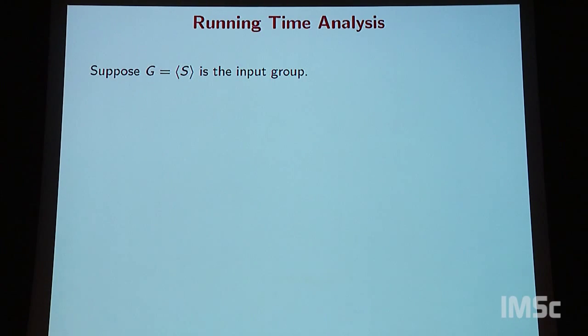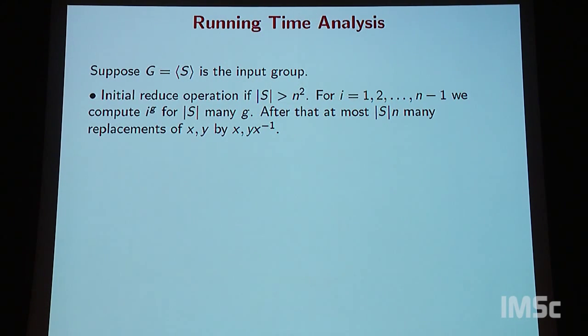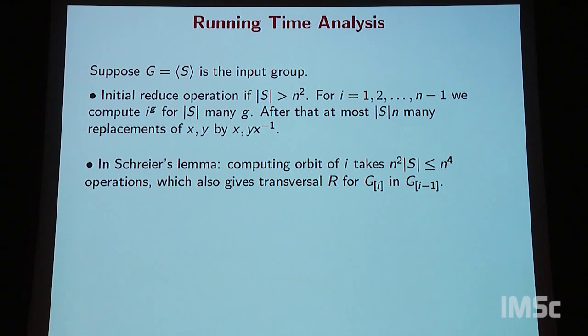Okay, so let's do a quick running time analysis. The reduce step, you can check, requires at most cardinality S times n many replacements. And in Schreier's lemma, computing an orbit takes at most so many steps.